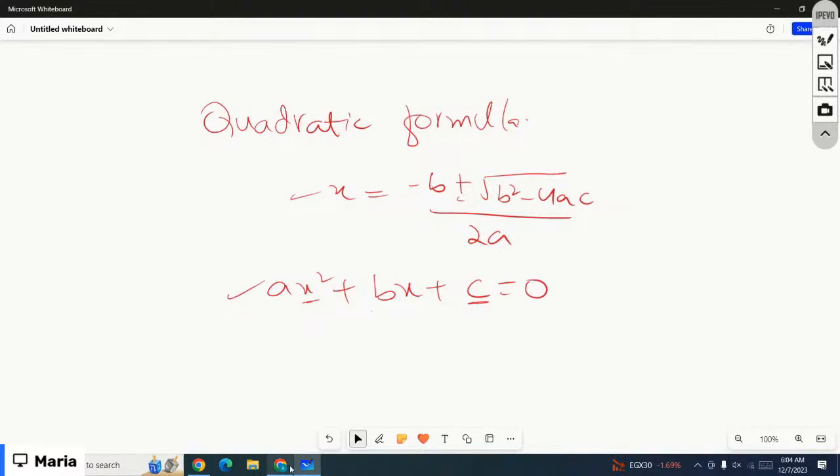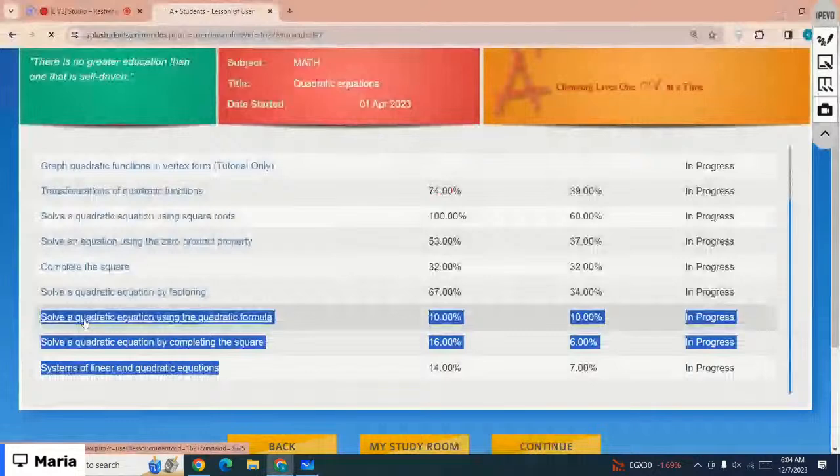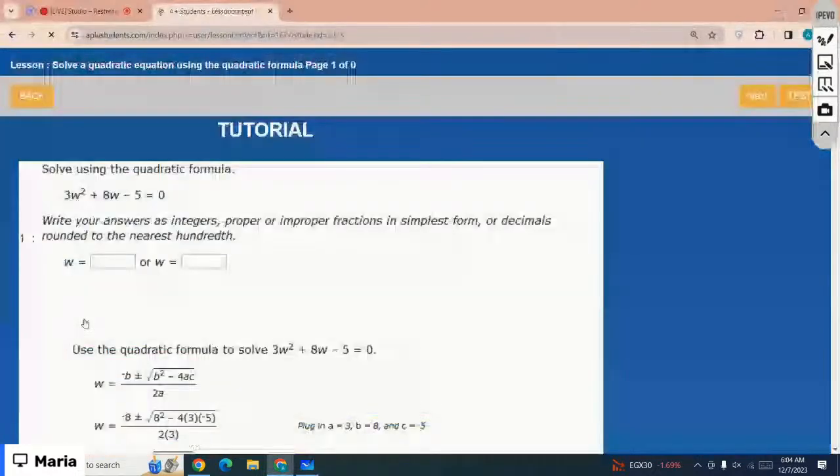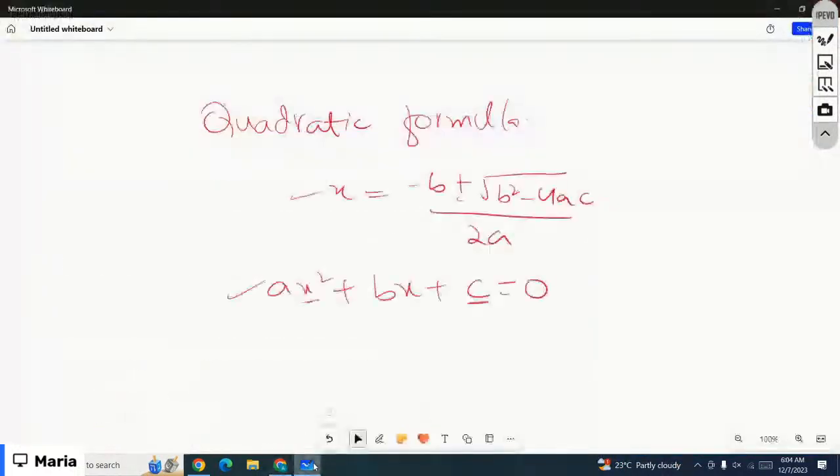Here I'm on solve a quadratic equation using the quadratic formula. The equation is 3w square plus 8w minus 5 equals 0. Let's apply the quadratic formula. So a is 3, b is 8, c is negative 5.